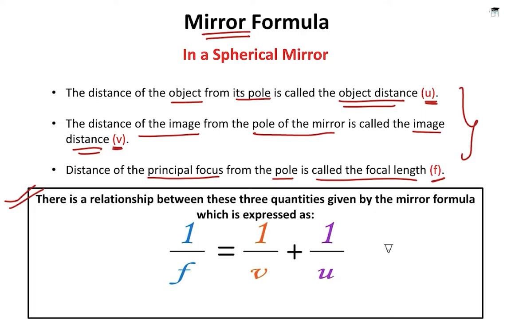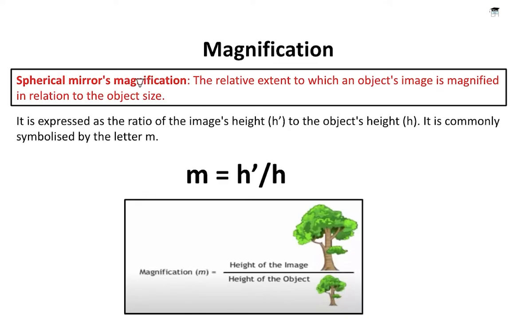Now this is a very important formula, you should note it down. A spherical mirror's magnification is given as the relative extent to which an object's image is magnified in relation to the object size. It is expressed as the ratio of the image's height h' to the object's height h. It is commonly symbolized by the letter m.